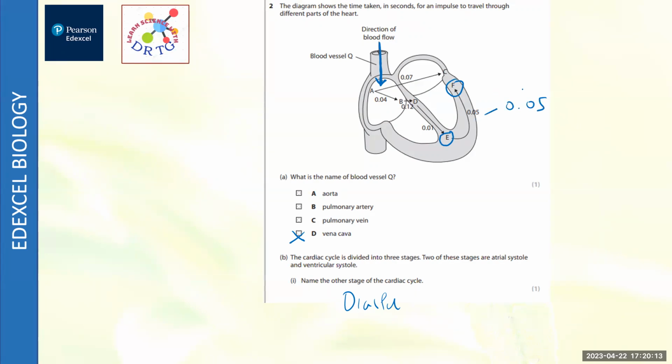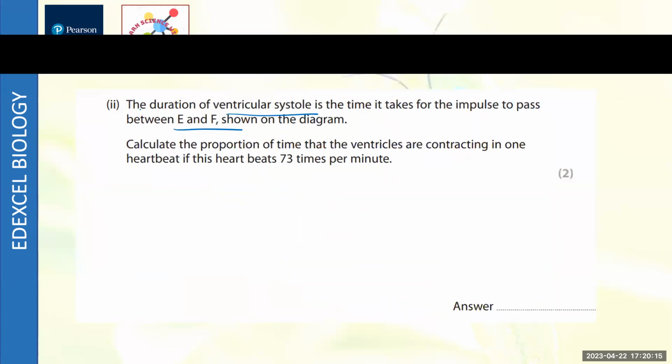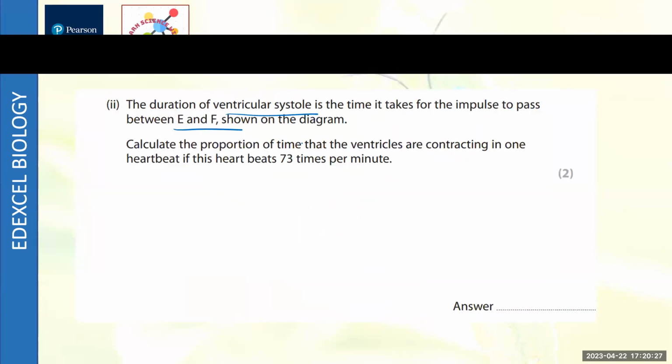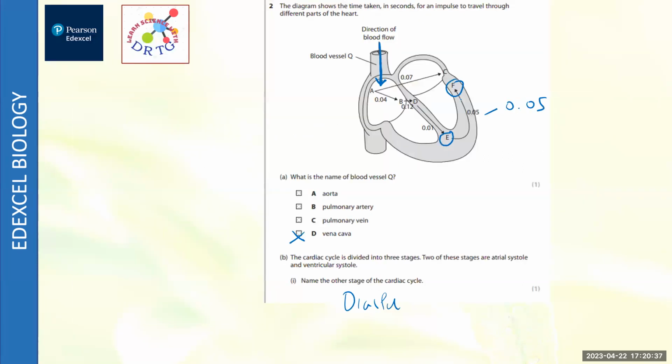So E to F, the duration of ventricular systole, is the time taken for the impulse to pass between E and F. So E and F is 0.05. Calculate the proportion of time that the ventricles are contracting in one heartbeat if the heart beats 73 beats per minute.